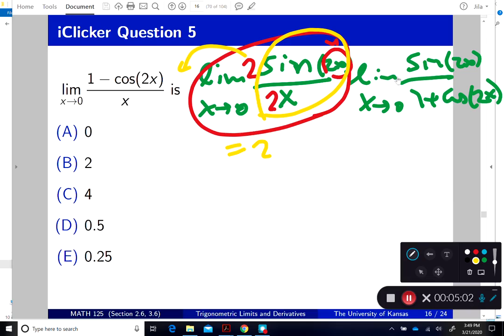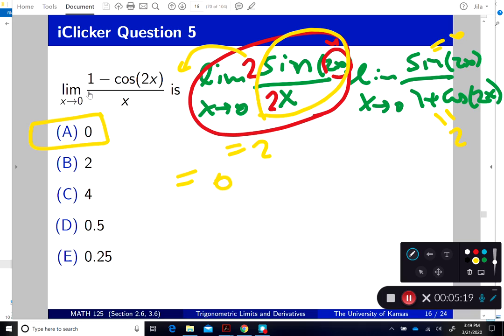But if I plug in 0 here, I get 0 on top and 2 on the bottom, so this entire thing becomes 0. And so the answer is that.